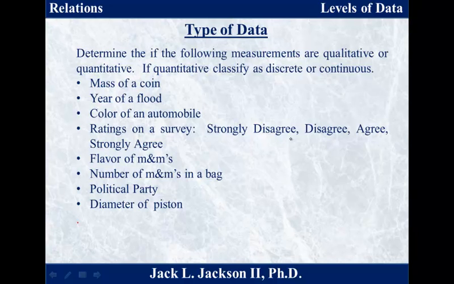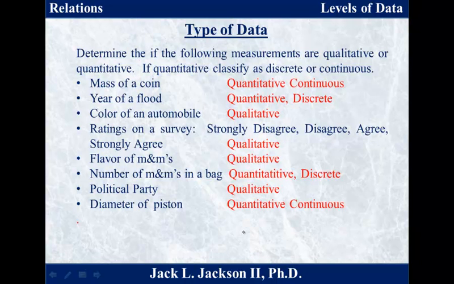Now, tell me if these are qualitative or quantitative. And if it's quantitative, classify it as discrete or continuous. Press pause and do these now. Okay, the mass of a coin is quantitative, and that's continuous.